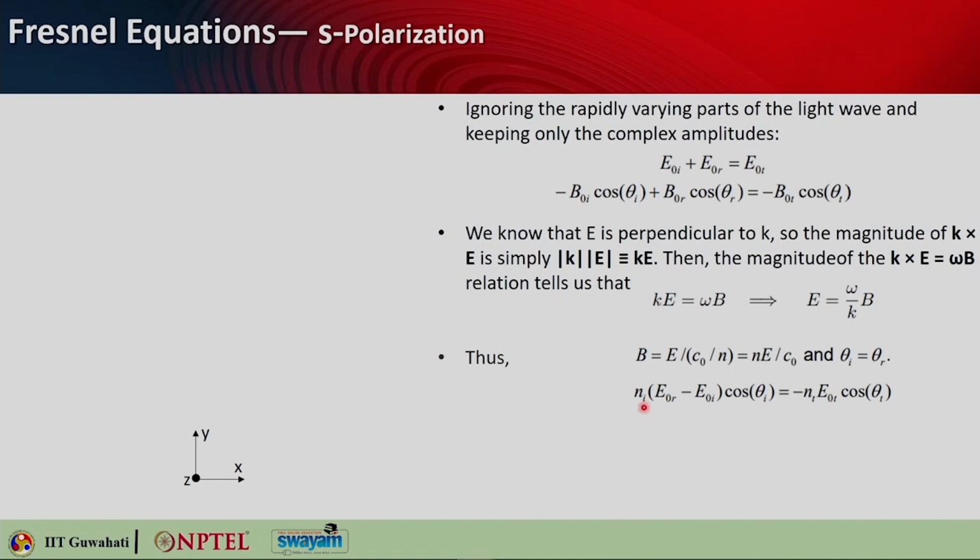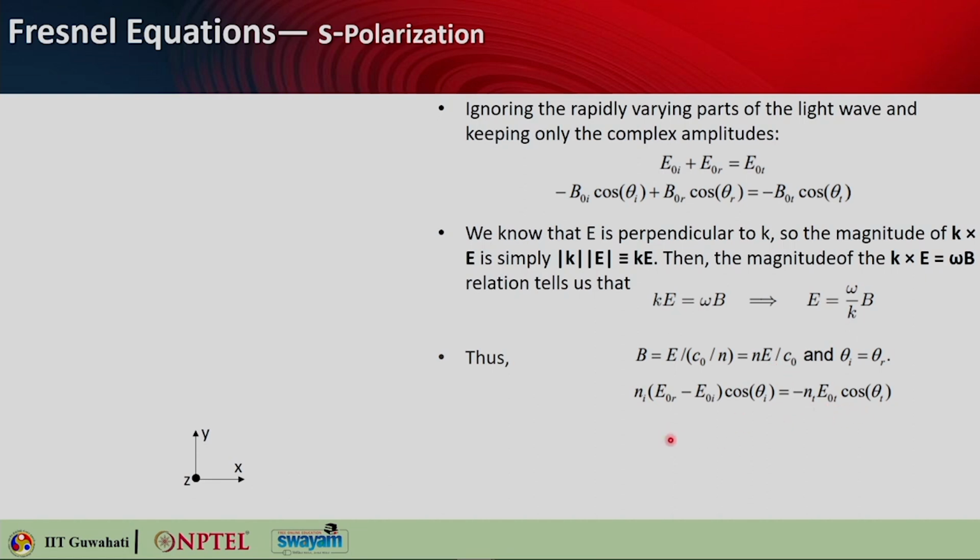So you have got Ni, that is E0R minus E0I cos theta I, and then you will have this term which is minus Nt, because Nt is the refractive index of the medium where the transmission is taking place. So you have Nt cos theta t, and then you will also have E0T.